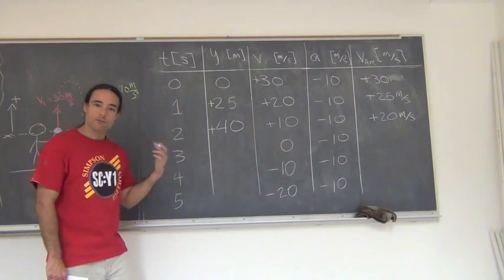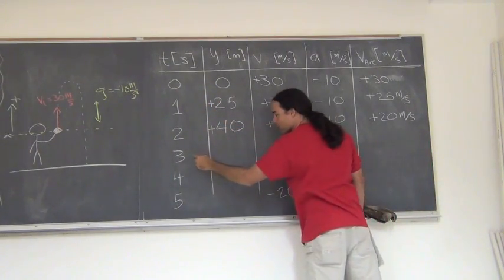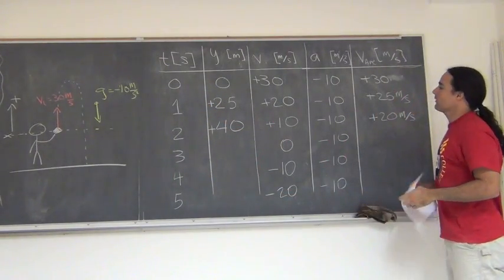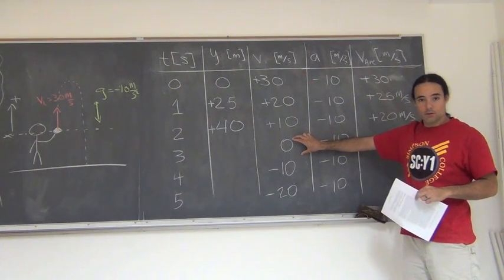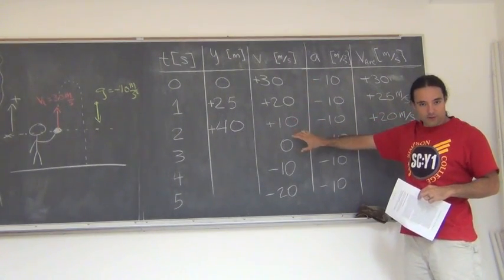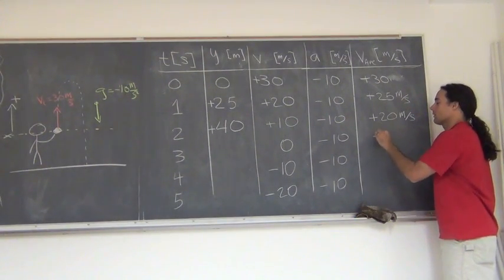What's my average speed between 0 and 3 seconds? Well, let's say I started at 30, I ended up at 0. The average of 30 and 0, the halfway point, is 15 meters per second.